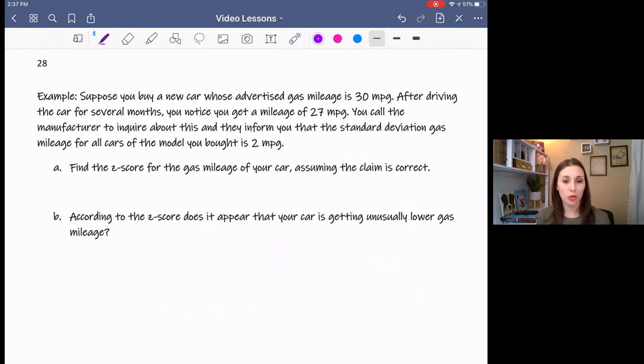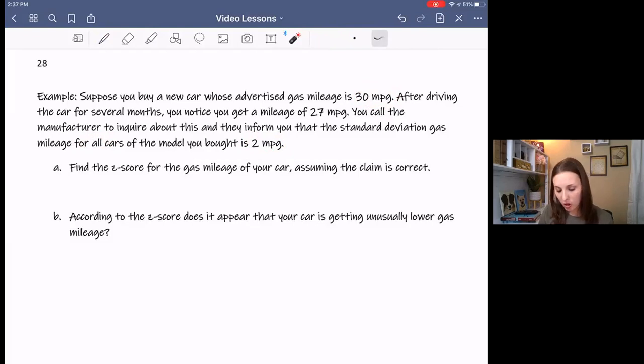You call the manufacturer to inquire about this, and they inform you that the standard deviation gas mileage for all cars of the model you bought is 2 miles per gallon. So this indicates the population. We're comparing your car to all cars. So these are parameters. 30 miles per gallon and 2 miles per gallon are considered parameters. Find the z-score for the gas mileage of your car, assuming the claim is correct.